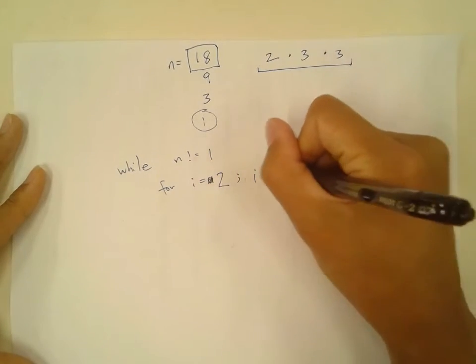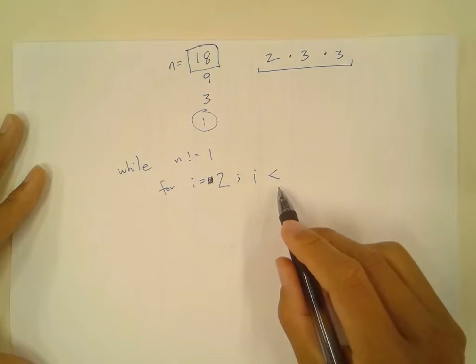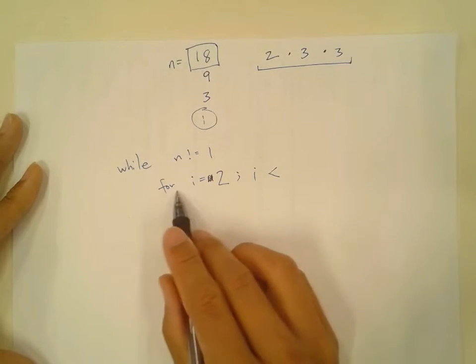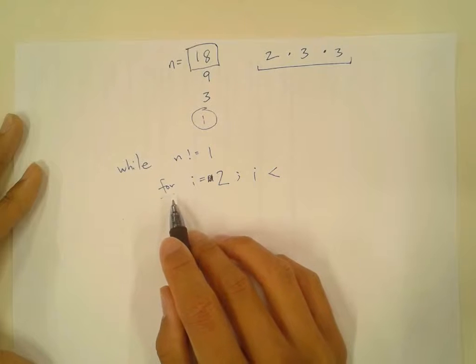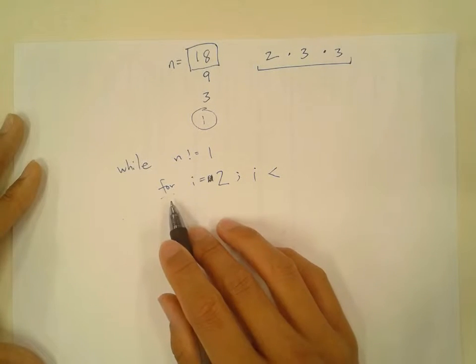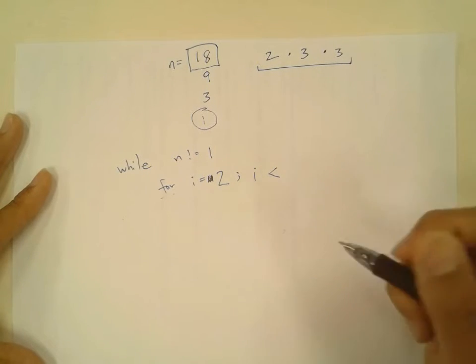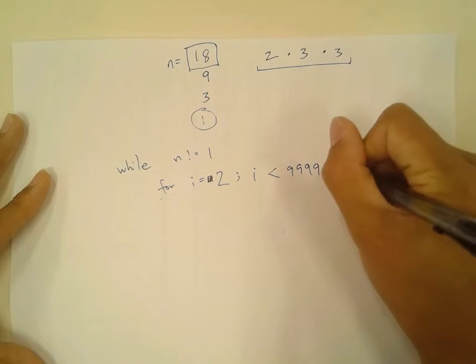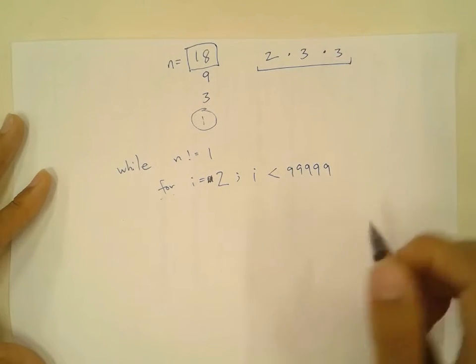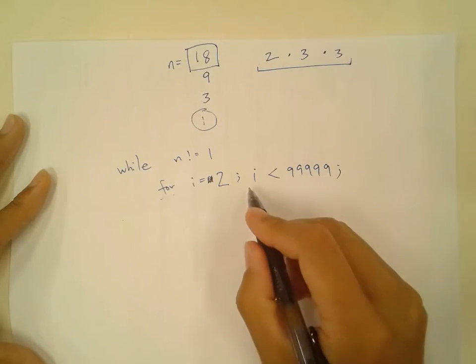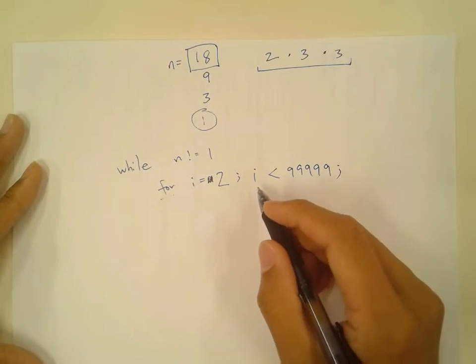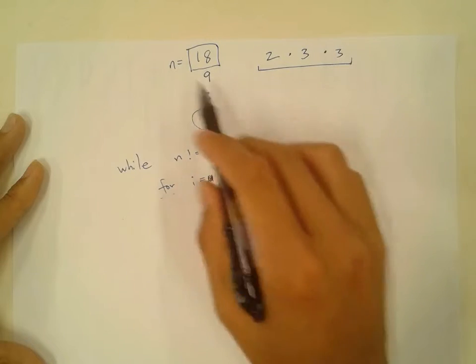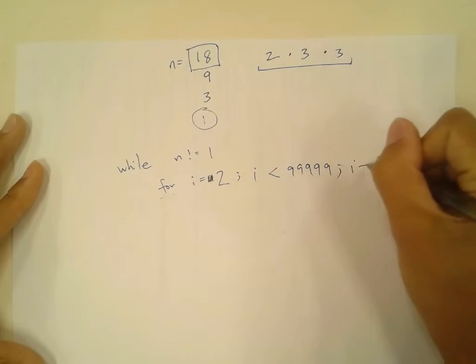And then we'll say i is less than some really big number. In actuality, this for loop should be a while loop, but to make the algorithm a bit more simple, we're just going to use a for loop with a really big number here. Of course i here is the possible prime numbers that we're going to use in our little algorithm. So we'll say i++.